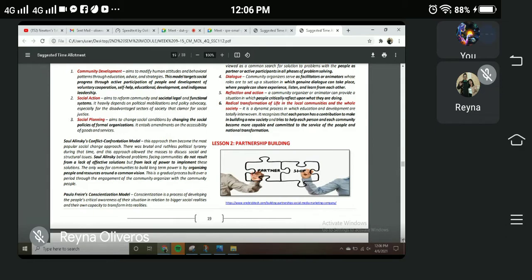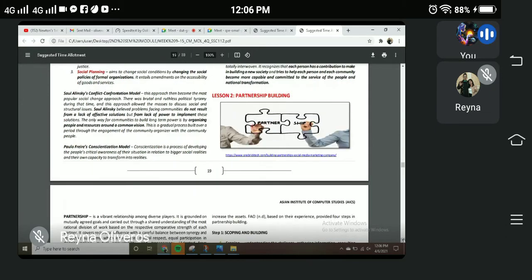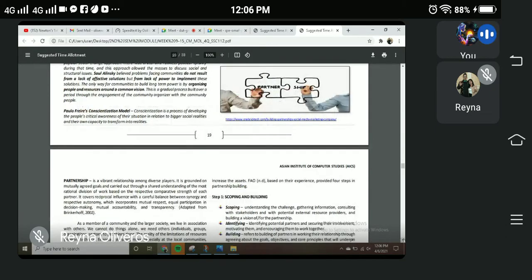Okay? So, when we say partnership, it is a vibrant relationship among diverse players. It is grounded on mutually agreed goals and carried out through a shared understanding of the most rational division of work based on the respective comparative strength of each partner.